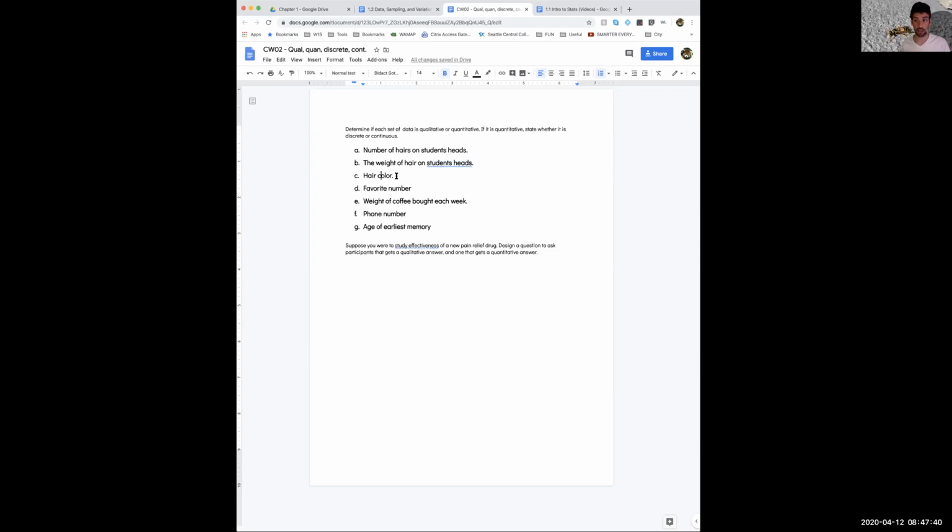Then we talk about hair color. Hair color would be qualitative data. You get put into a category: blonde hair, black hair, brown hair, etc. Favorite number is an interesting one. Depending on what you're doing with it, you can really think of it different ways. If your favorite number is 37 and somebody else's favorite number is 13, it doesn't really matter which one's higher.